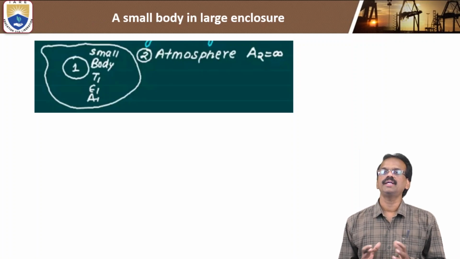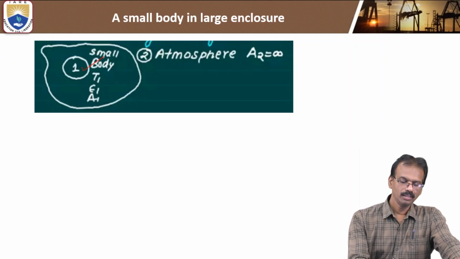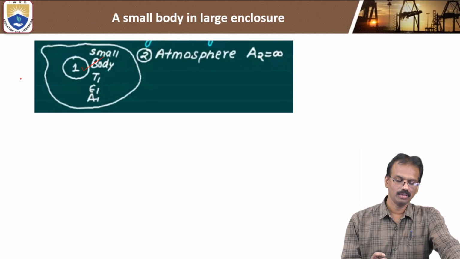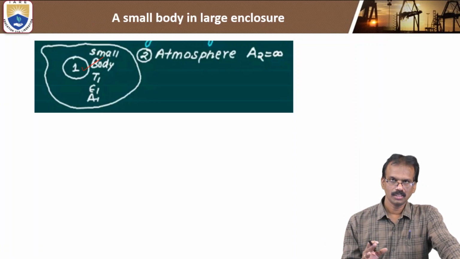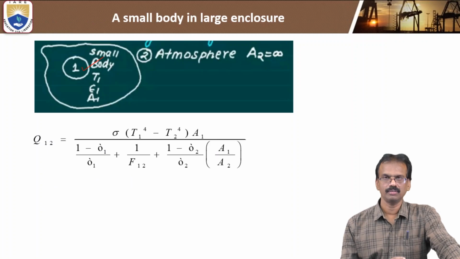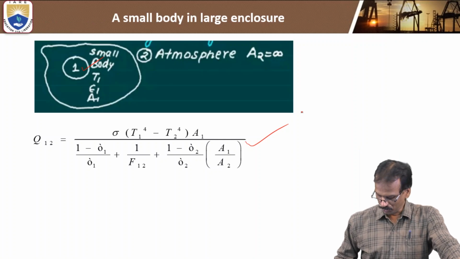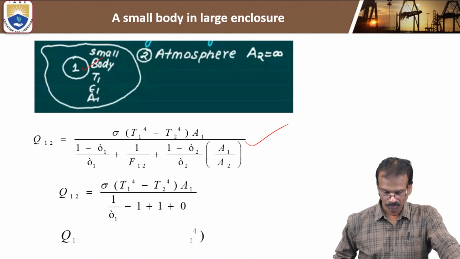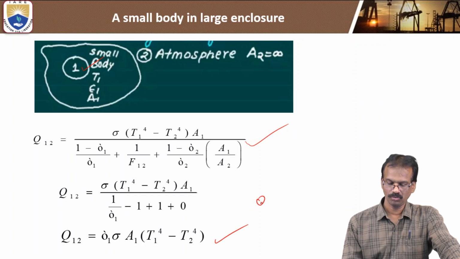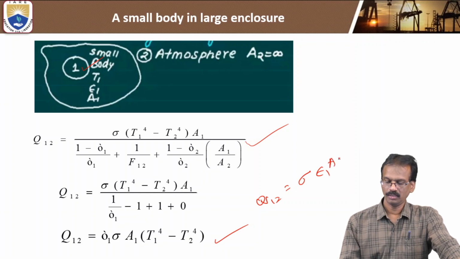If the heat transfer is between a small body and an enclosed surface, it means a small body in a big enclosed surface, or a big room or anything. In this condition, we already derived the formula for the rate of heat transfer. Based upon the previous formula, Q12 is equal to sigma epsilon 1 into area A1 into T1 to the power of 4 minus T2 to the power of 4.